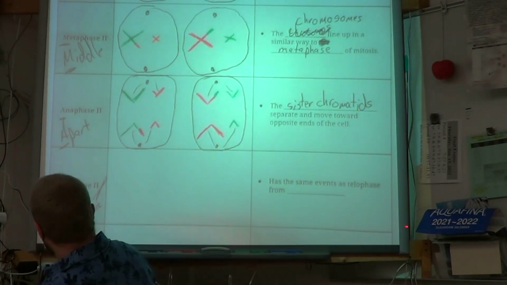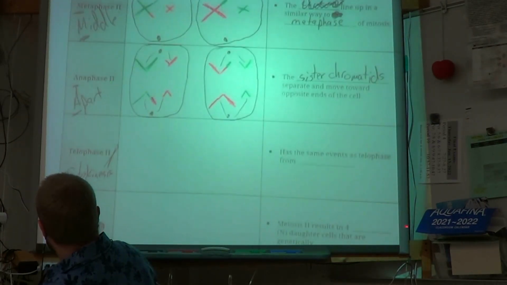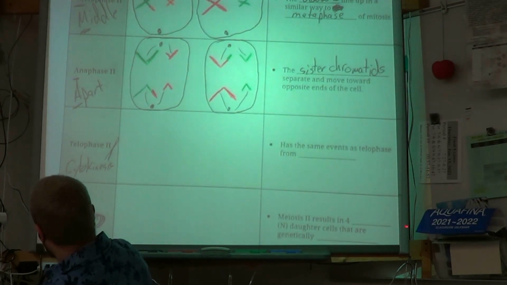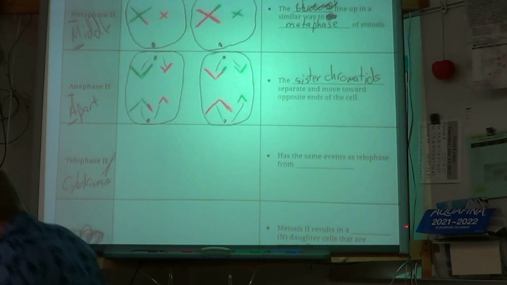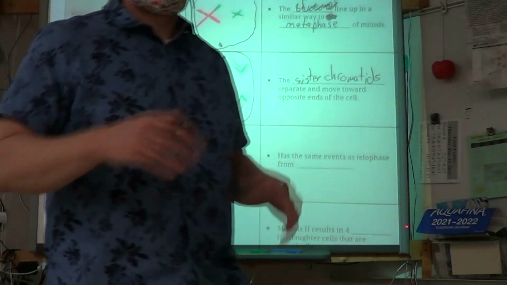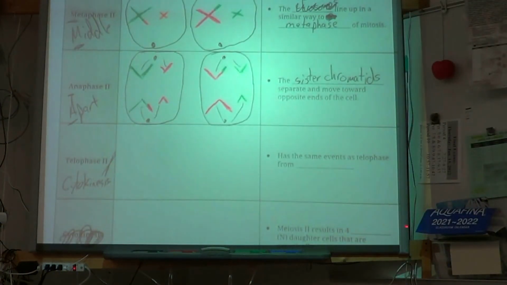Okay, so I'm going to slash telophase and cytokinesis, and I'm going to scribble out cytokinesis down here just for the record. Sister chromatids pull apart. Then in telophase, you start to pinch, the nucleus starts to reform, and the DNA is going to start to uncoil into chromatin form.